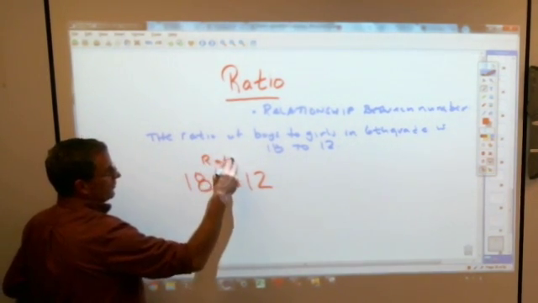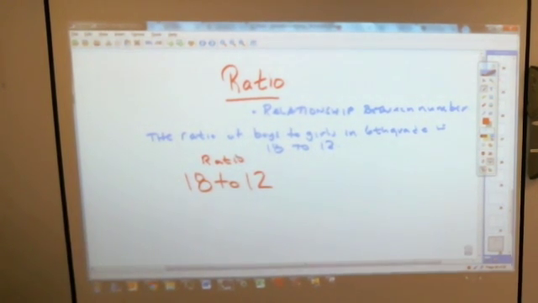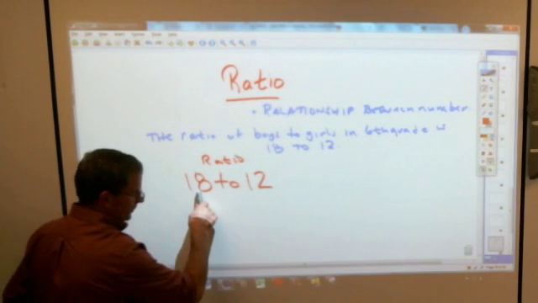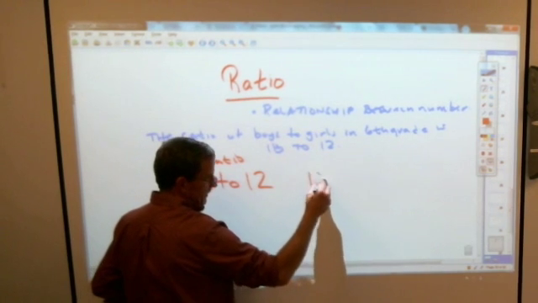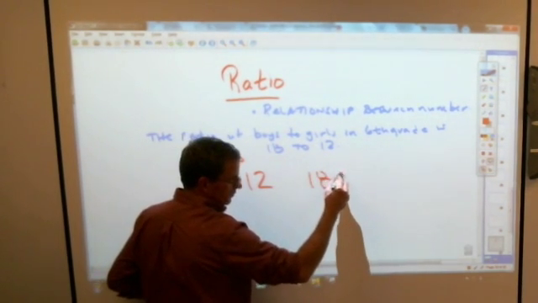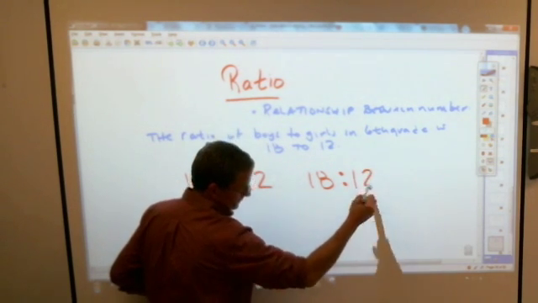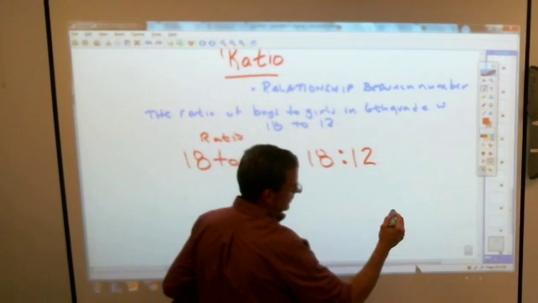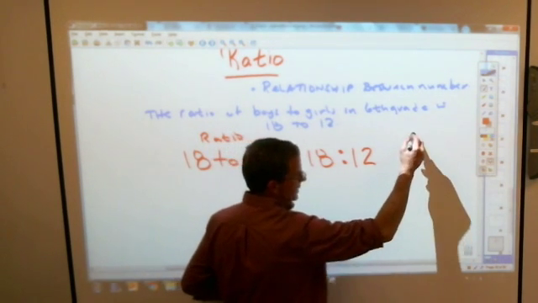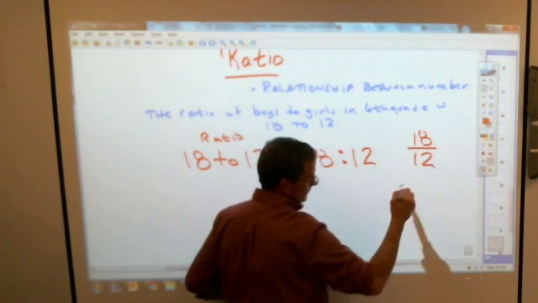And there are 3 different ways that you can show that ratio. You can write it out like I did here, 18 to 12. Or, instead of using the word to, you can put a colon there, 18:12. Or the most common thing we do is we make it a fraction, 18 over 12.